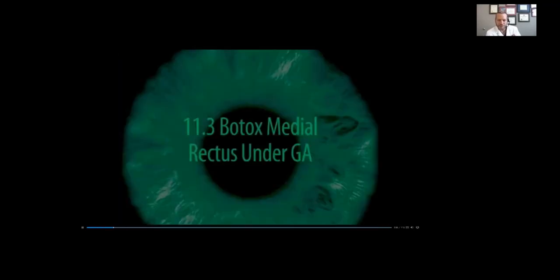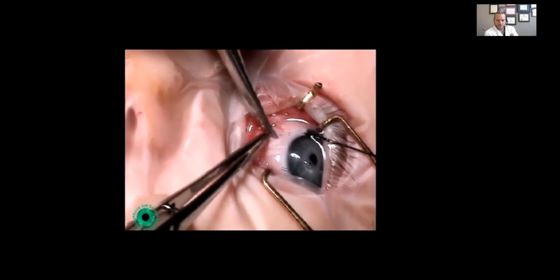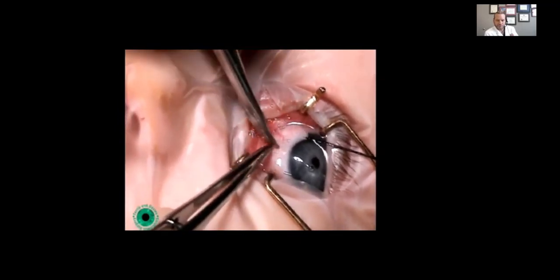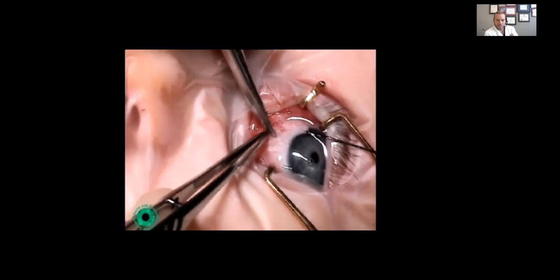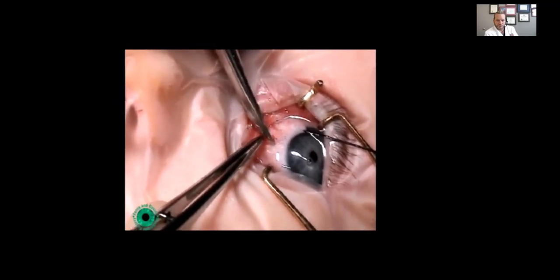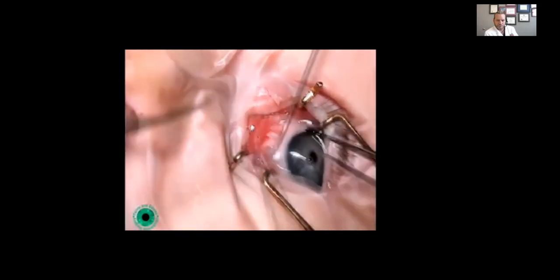This video comes from the UK. It's about a 1-minute video. In children, our preferred technique for the administration of botulinum toxin is to use an open approach with a general anesthetic, as opposed to a closed approach, which necessitates the use of a ketamine anesthetic. Here, a small fornix-based incision is made below the left medial rectus.